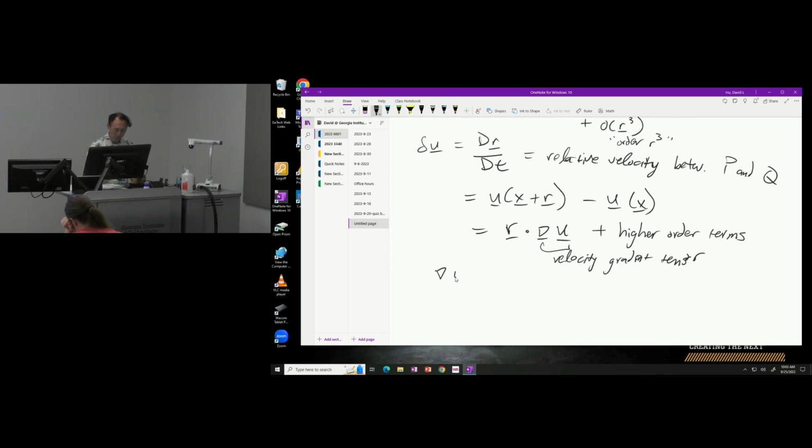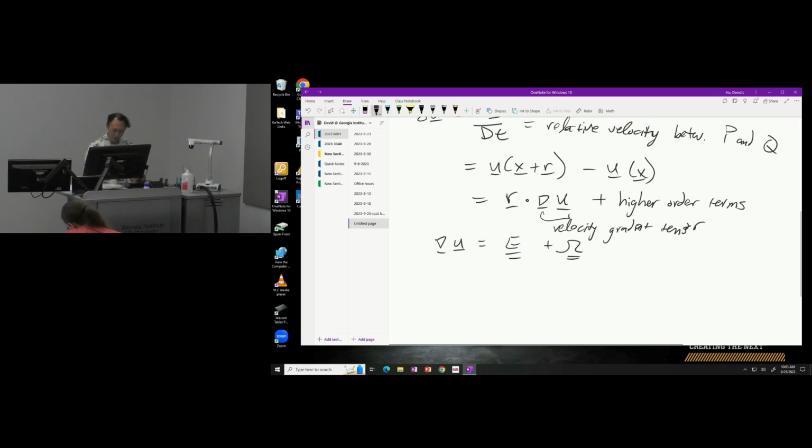Just to remind you, we'll be doing this a few times a day. We're going to split del u into 2 parts, what we call E plus omega, where E is symmetric, and omega is antisymmetric because we subtracted out the symmetric part.